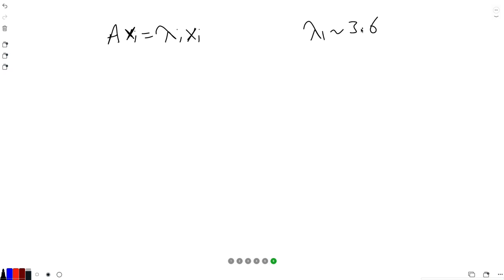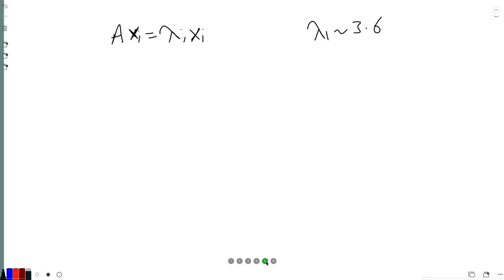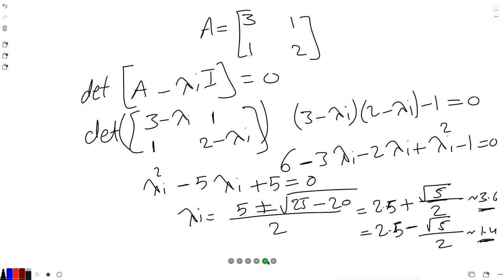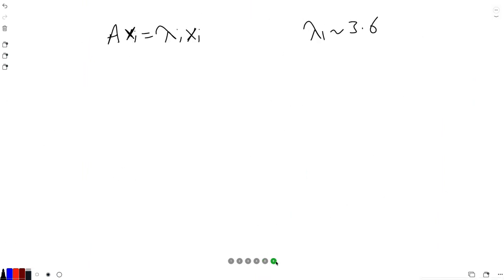So the matrix A, I think it was, now I forget, it was 3 1, 1 2, times x1, which is the first eigenvalue's eigenvector. So let me denote it like u1 and u2.